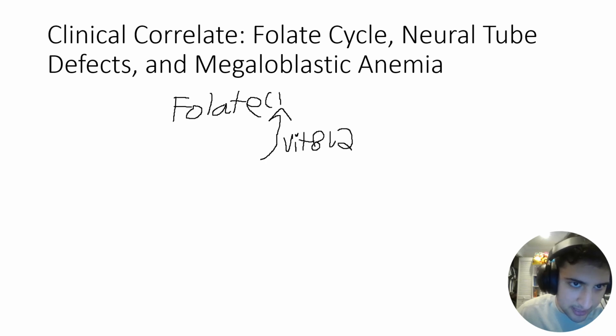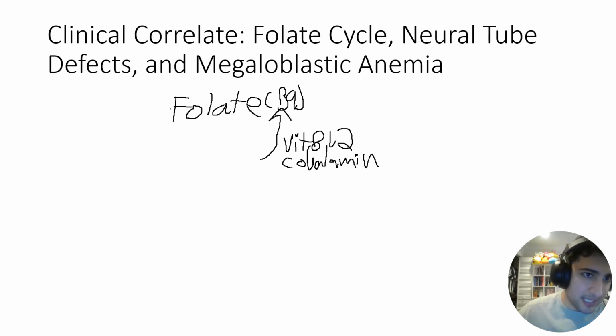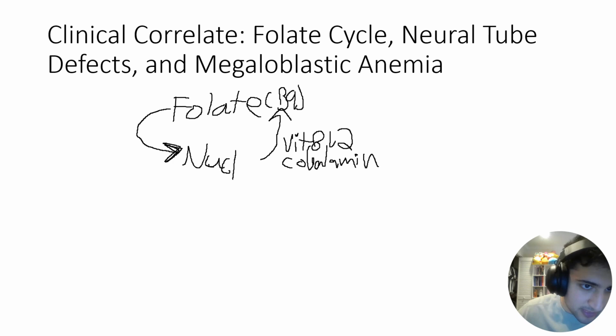Folate is B9. So it interacts with vitamin B12, cobalamin, and it also interacts with nucleotides to synthesize them in their complete form. I'm skipping most of the specifics here because there'll be a different video talking about that.